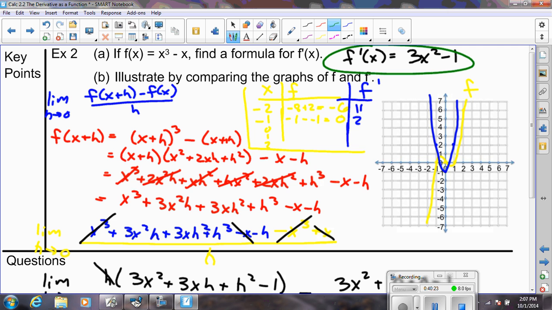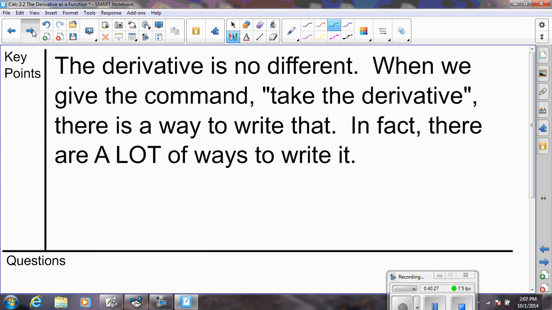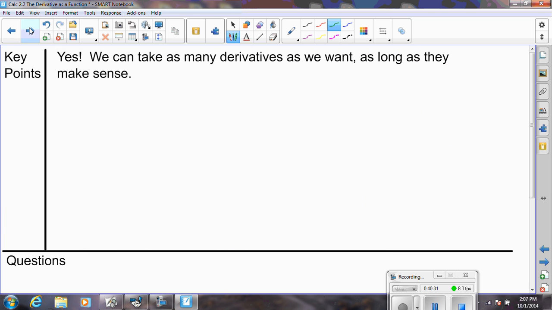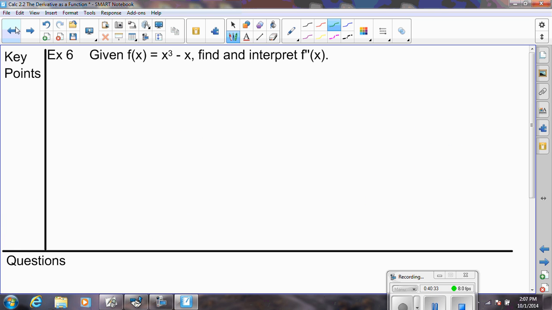So we will not have to repeat all of this work. F prime of x was 3x squared minus 1. So we just need to finish it up and get f double prime of x, which means that we'll just have to do the derivative again, but we'll be using this new function for it.